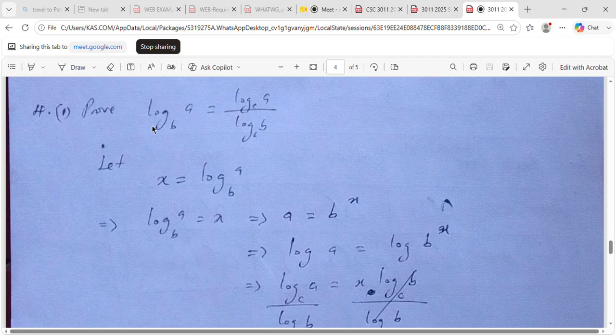Okay, what they wanted was us to prove that log A base B is equal to log A base C over log B base C. So just focus on the left hand side to prove the right. So you let some value, some letter or variable, be equal to what is on the left.